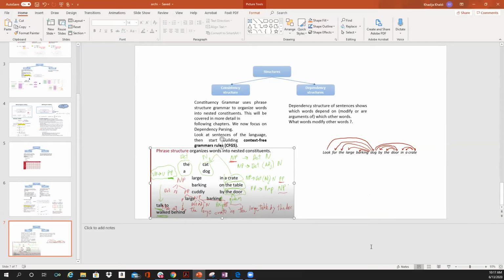The definition of CFG says it follows a quadruple structure N, T, P, S, where N is the non-terminal symbols, T is the terminal symbols, P is a set of rules, and S is the start symbol. That's what the definition says.